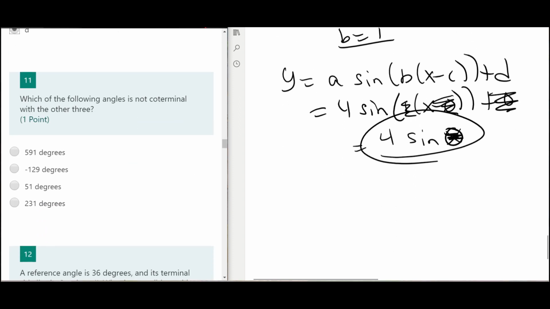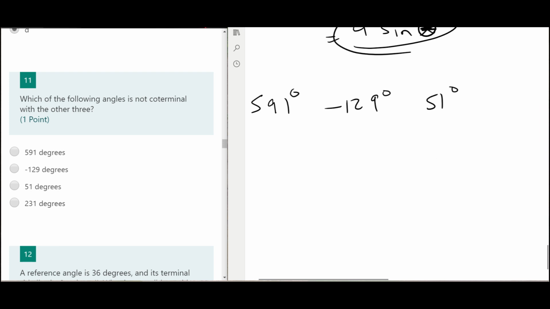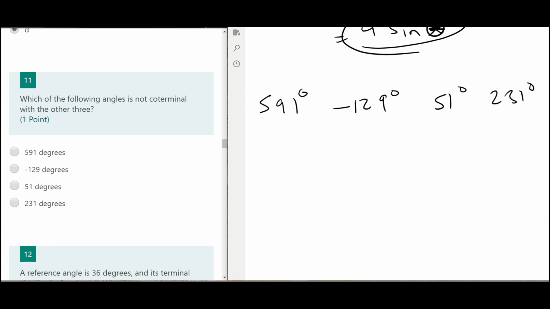All right, which of the following angles is not coterminal with the other three? So we have 591, negative 129, 51 degrees, and 231 degrees. Okay, so 591 degrees, if we were to graph that, well, it's definitely more than a full circle because a full circle is 360.